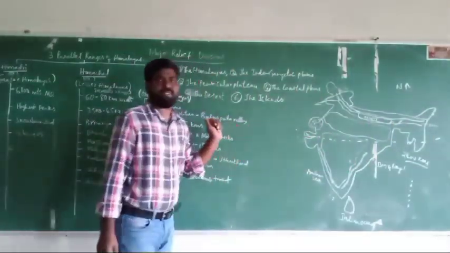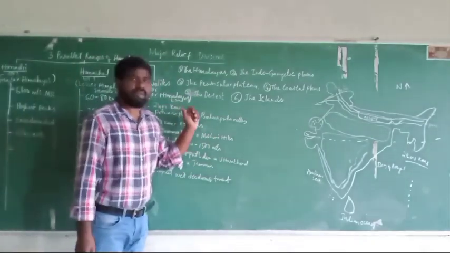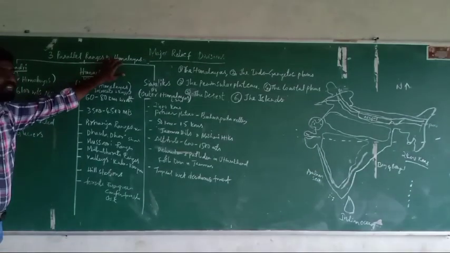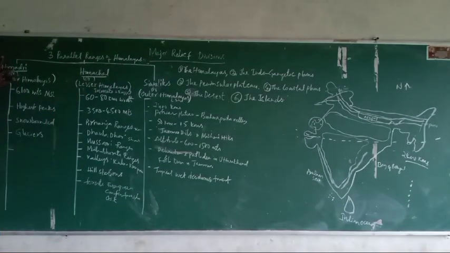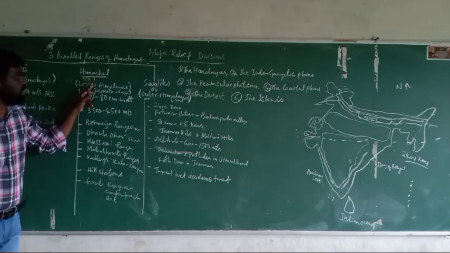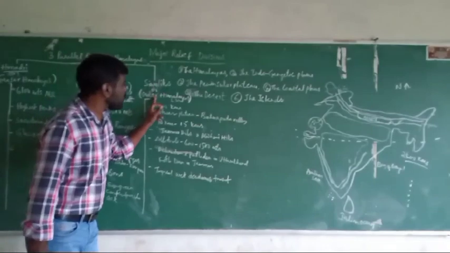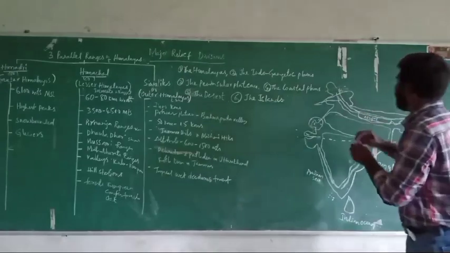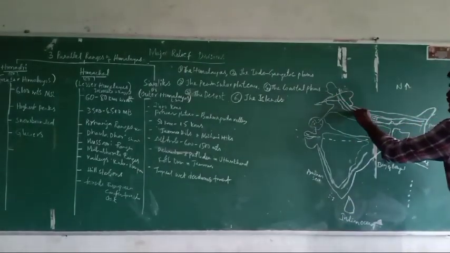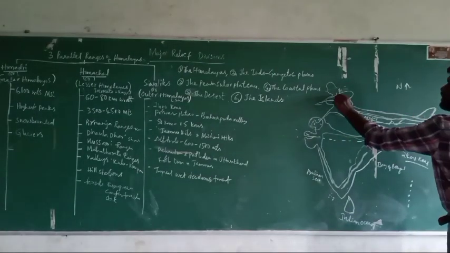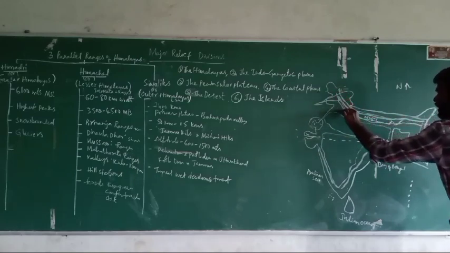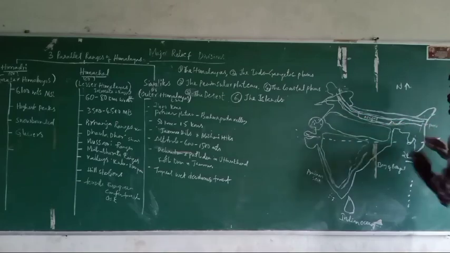These Himalayas comprise three parallel ranges: Himadri or the greater Himalayas, Himachal or the lesser Himalayas, and Siwaliks or the outer Himalayas.